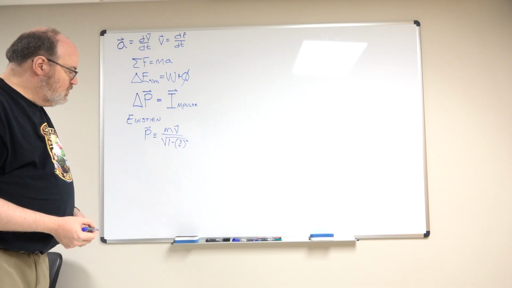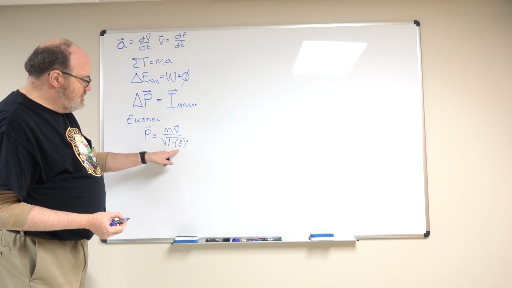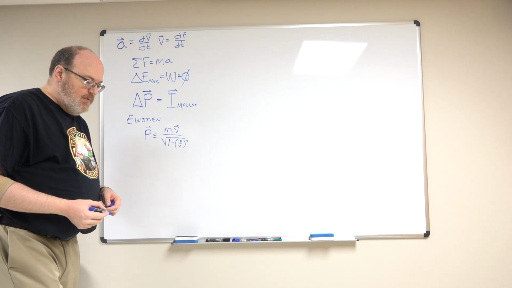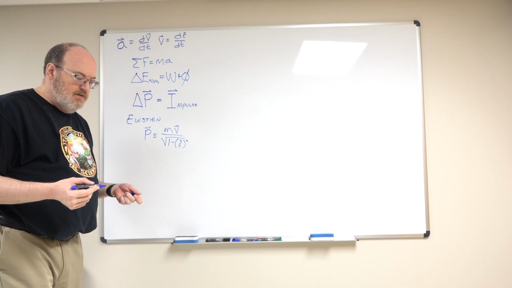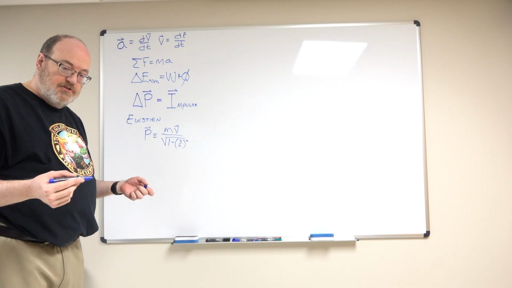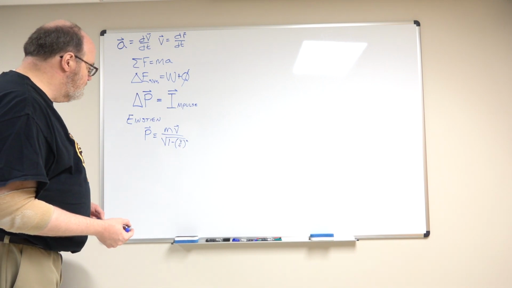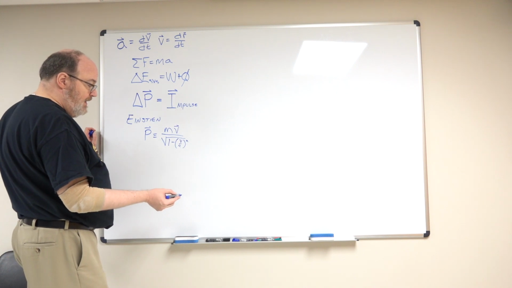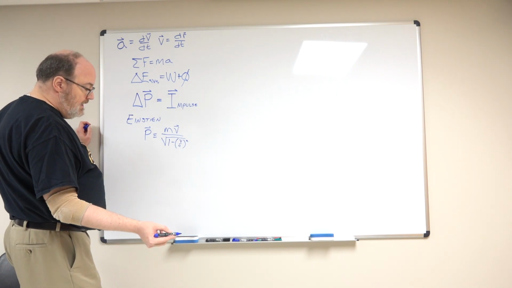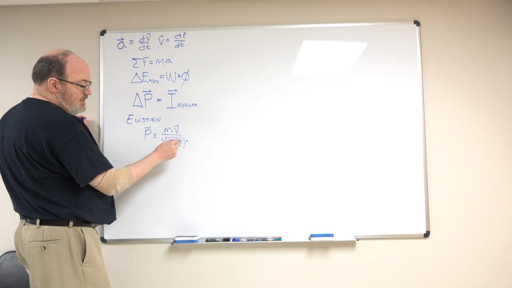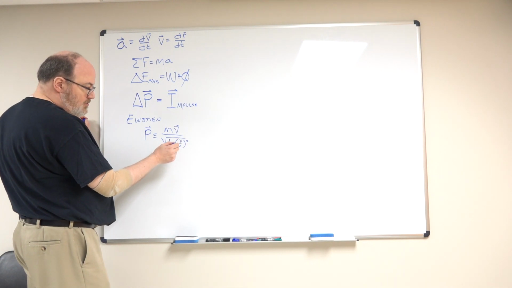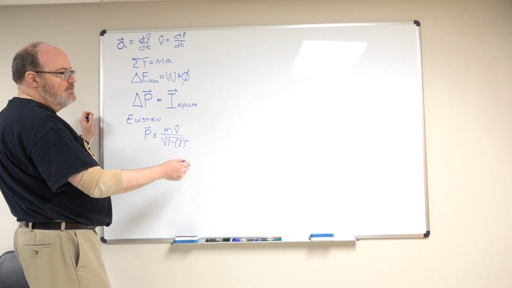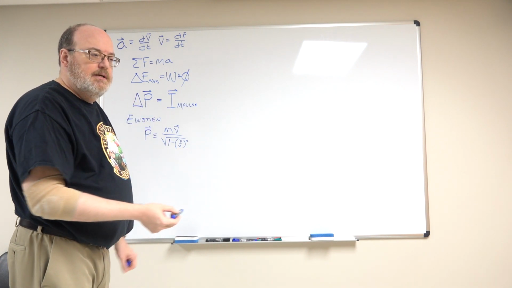And as we saw when we did energy, this only comes into play if we have very large velocities, so velocities approaching the speed of light. Fortunately, we don't usually deal in that realm. We usually deal with small velocities. So a small velocity divided by a huge velocity gives us a very, very small number.